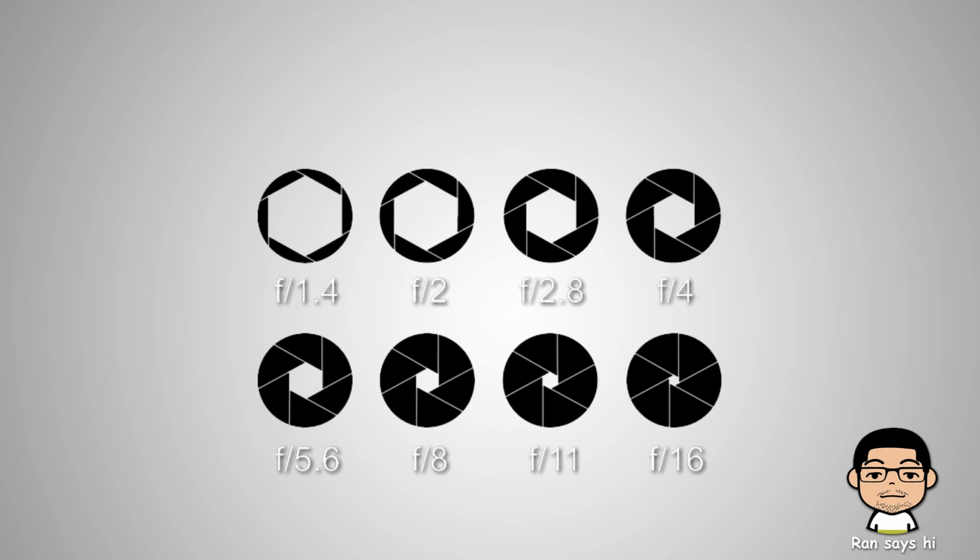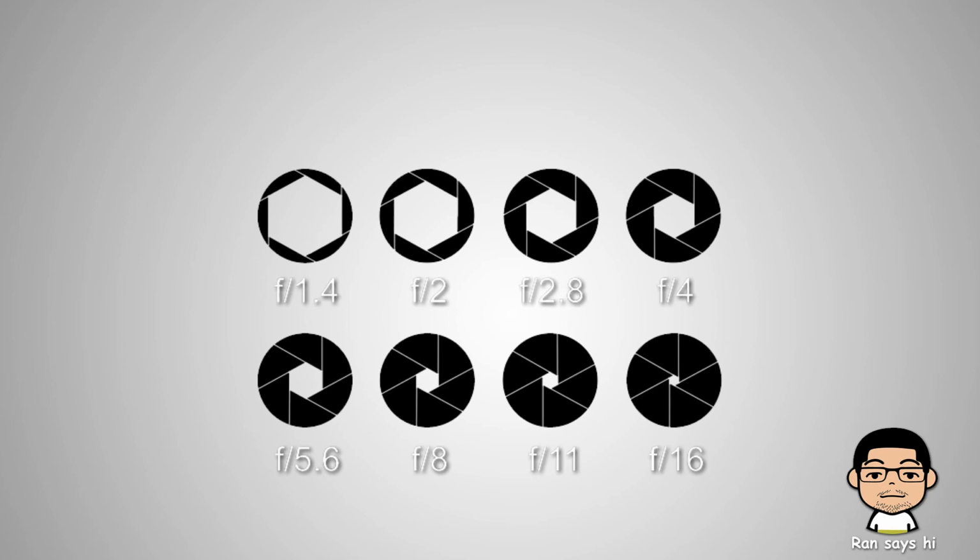The reason we have such numbers, f/1.4, f/2, f/2.8, is because we need an easier understanding and estimation of how much light travels through the lens. As the number goes up, less light travels through the lens.